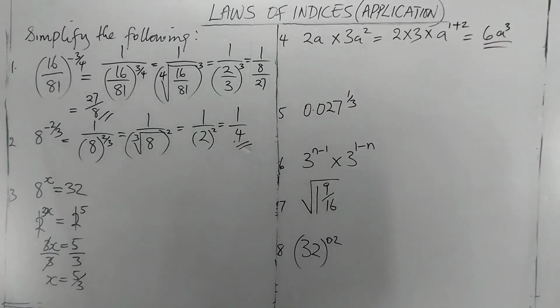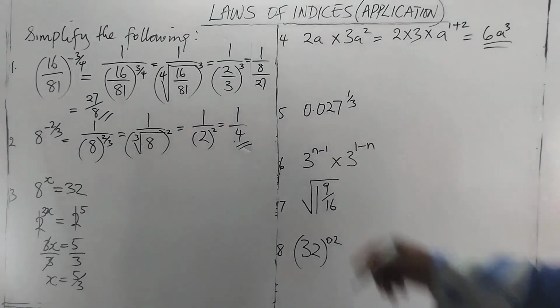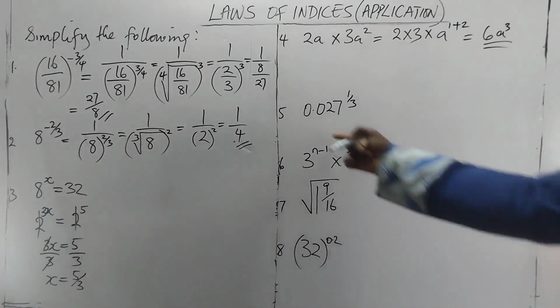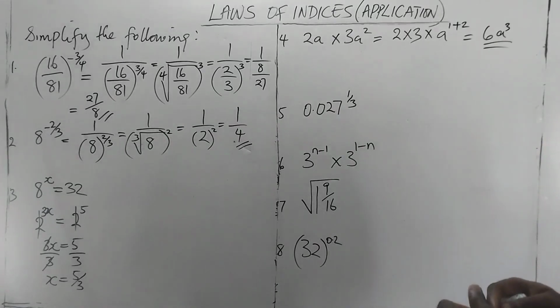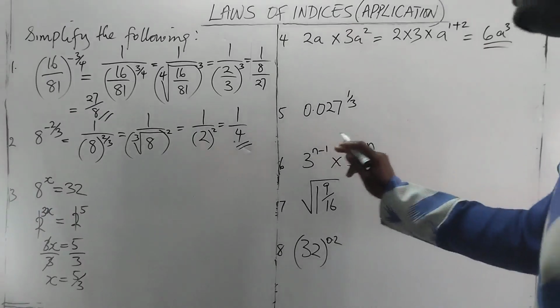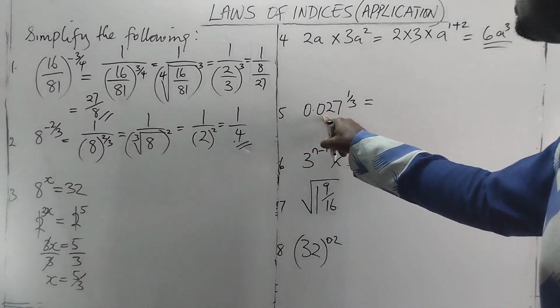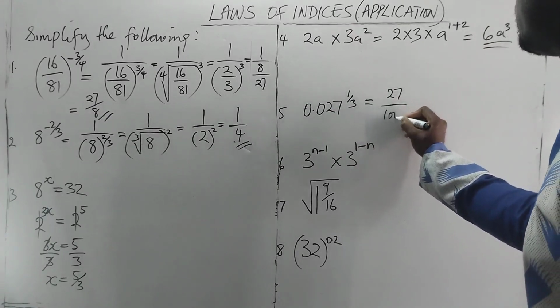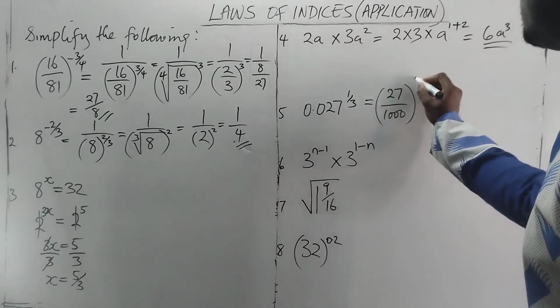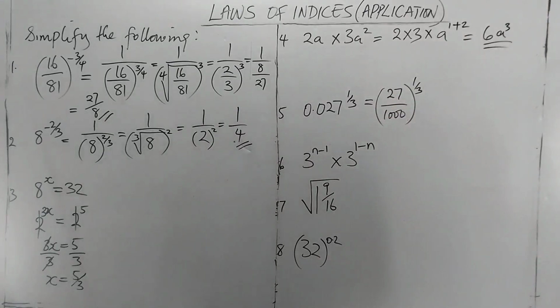That's your final answer. For this one, anytime you have a number in decimal, change it to fraction. So changing this number to fraction will give us 27 over 1000, all raised to the power 1 over 3.